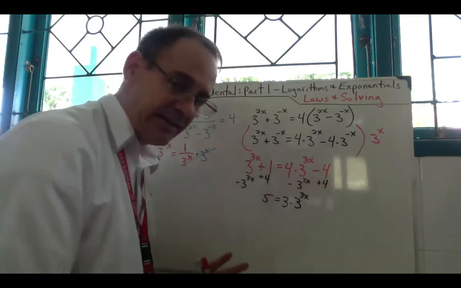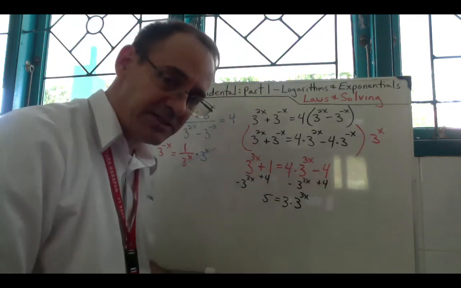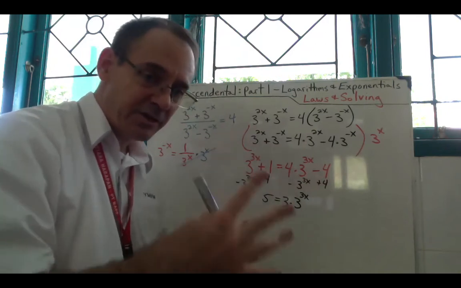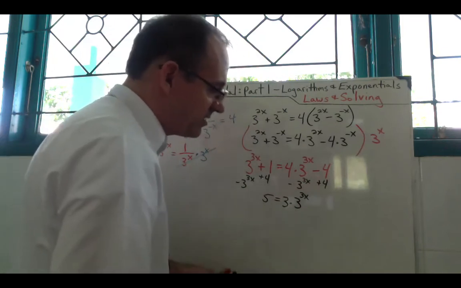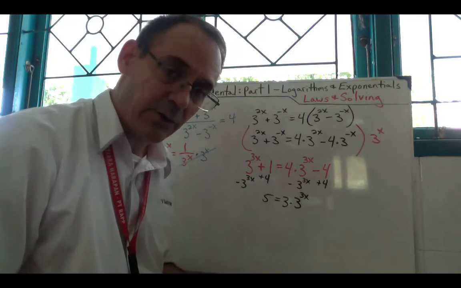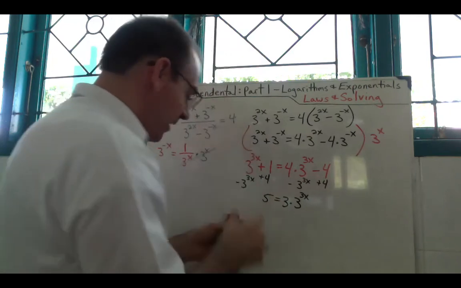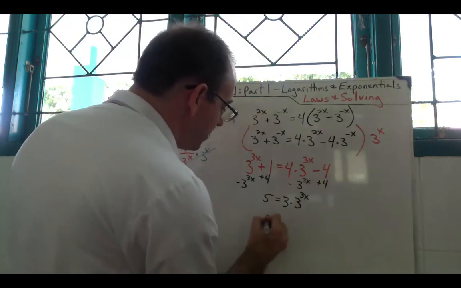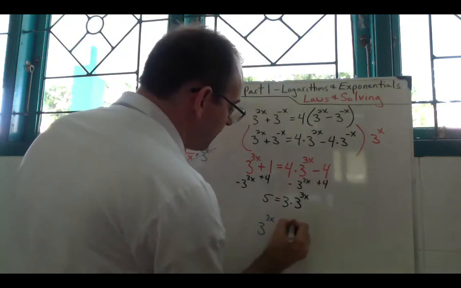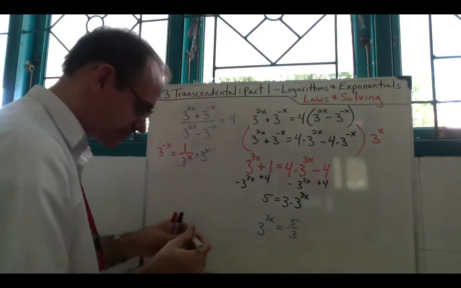It is outside the exponential, so anything outside the exponential still can use our normal algebra. It's just within the exponential that we have to follow the exponent rules. So we divide by 3, and we end up with 3 to the 3x equals 5/3.